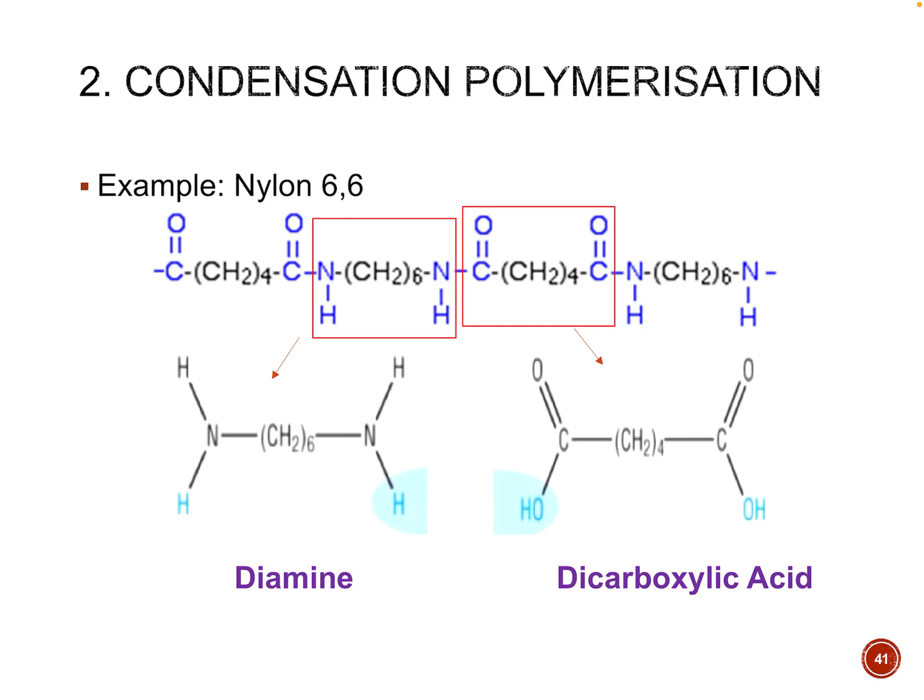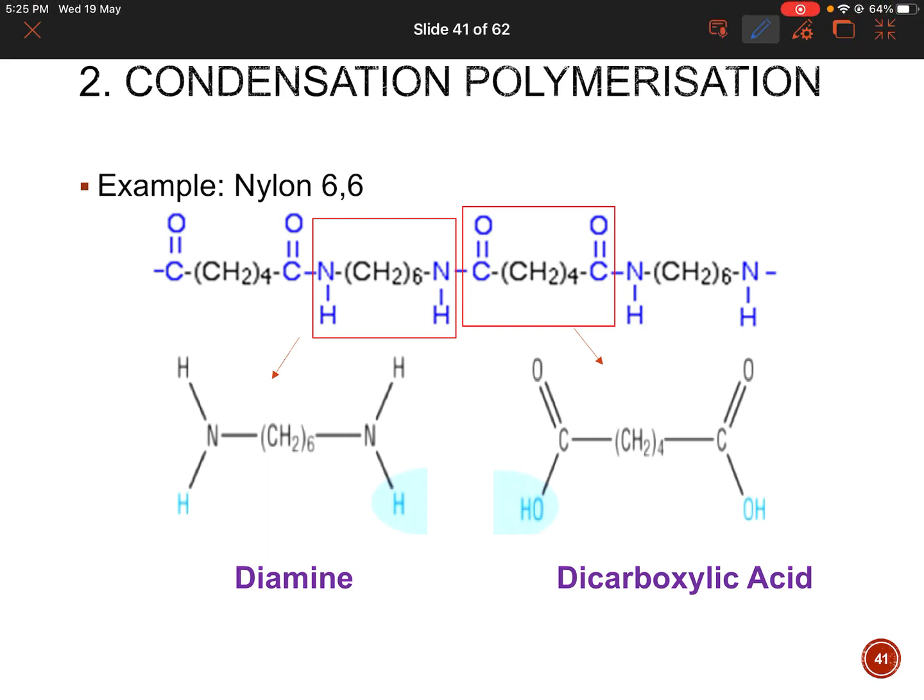Any idea why it's called nylon 6,6? You can pause and think, but the reason why it's called nylon 6,6 has to do with the number of carbon atoms. One monomer has 6 carbon atoms, and the other one as well.